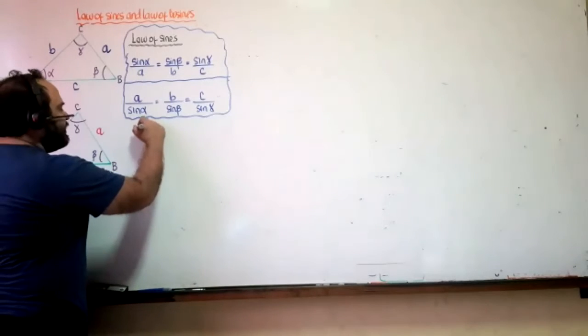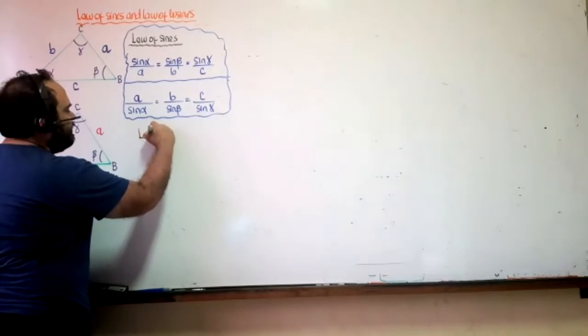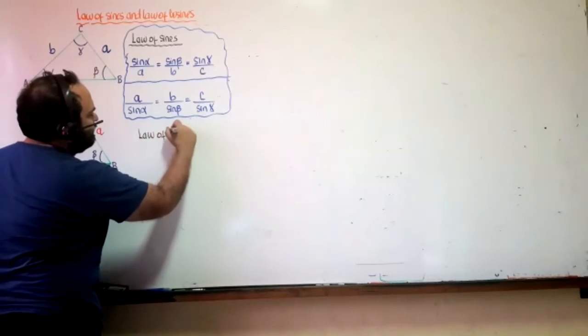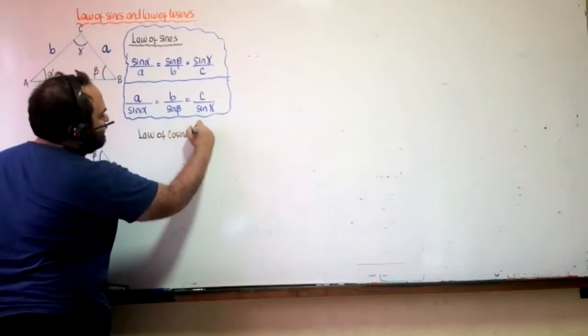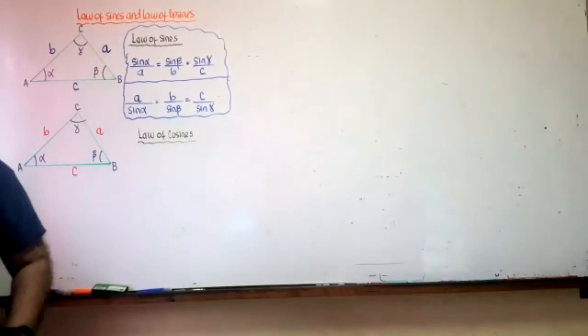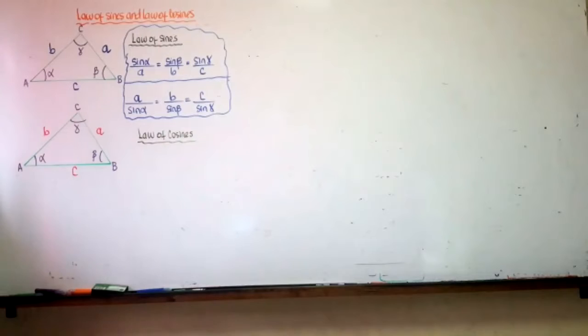The law of cosines is easier to remember because we have one singular situation. Let me explain. The law of cosines can be used in two cases. Case number one, when we have a triangle with a triple side. What does that mean?